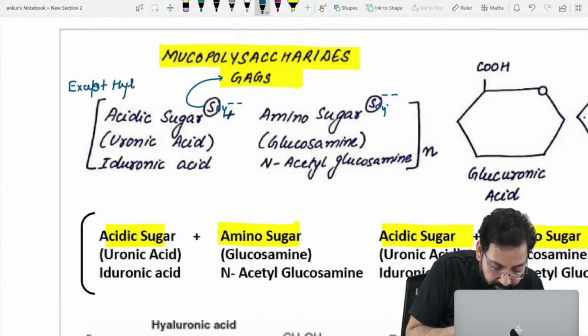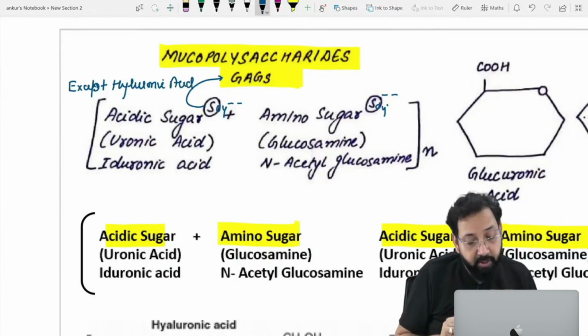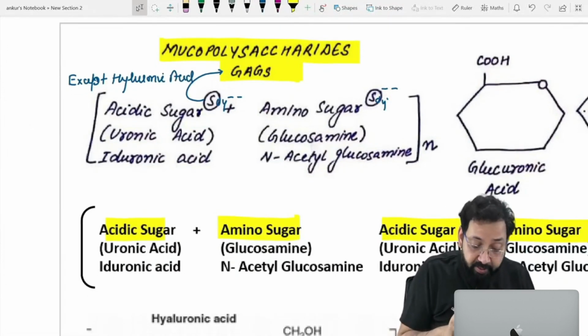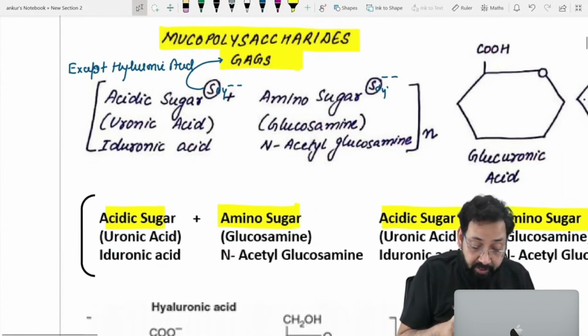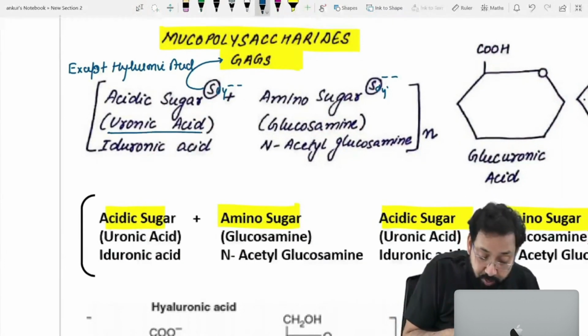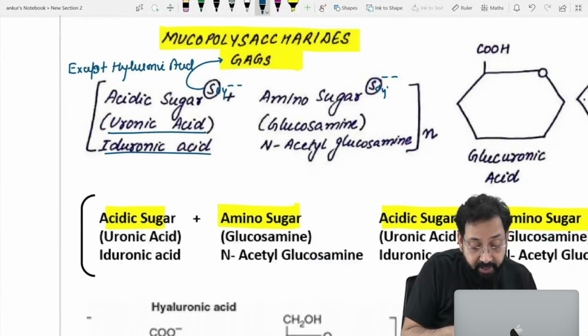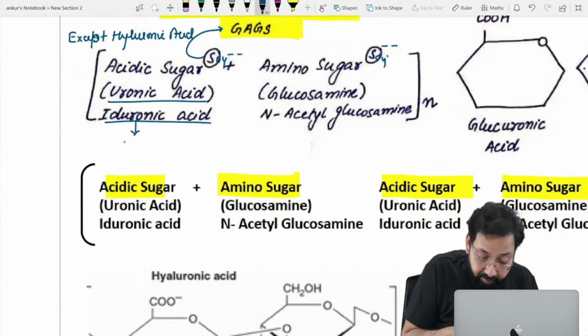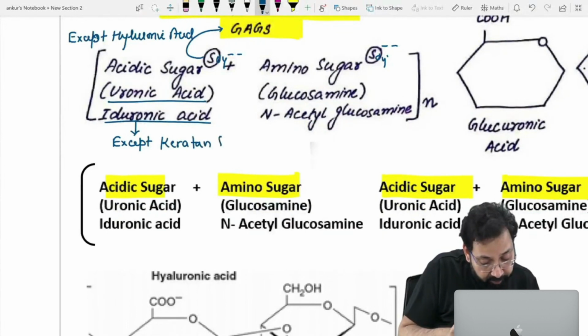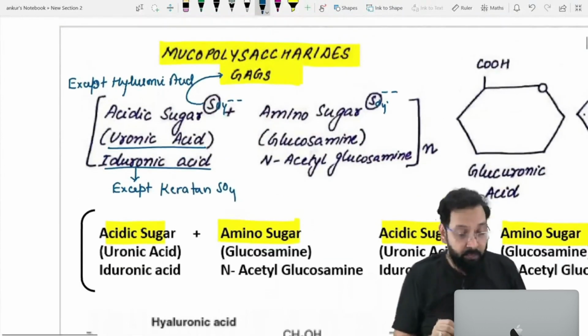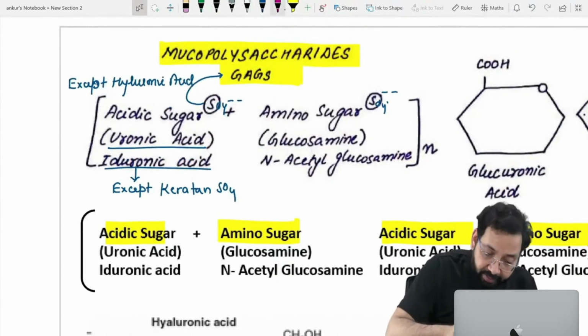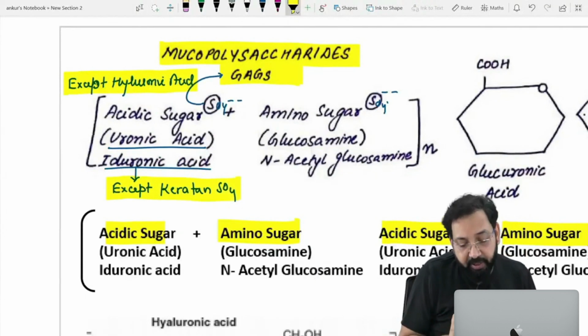All mucopolysaccharides have sulfate except hyaluronic acid. All mucopolysaccharides have uronic acid or iduronic acid, acidic sugar, except keratan sulfate. For the time being, I write this at the same place because most of the time you will find this as a single liner.